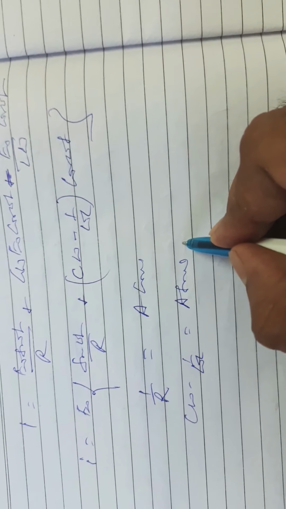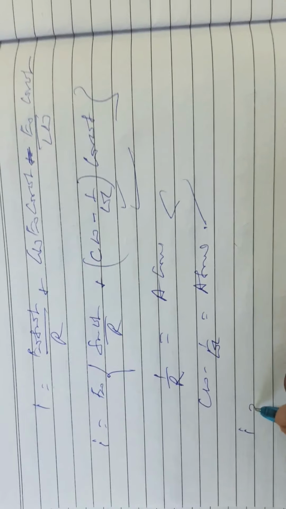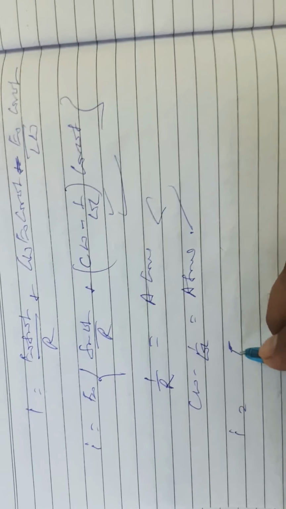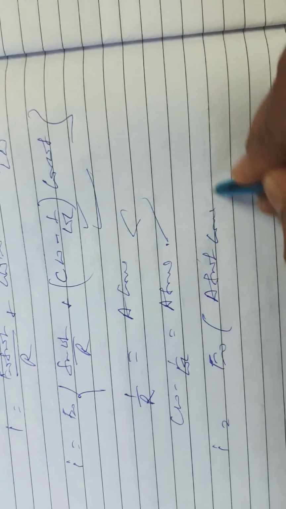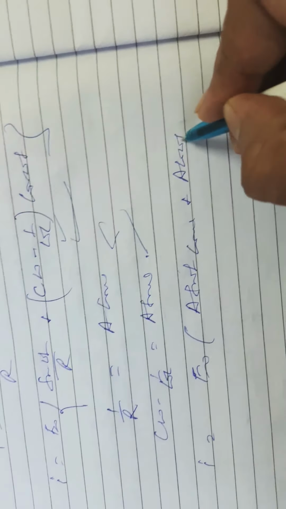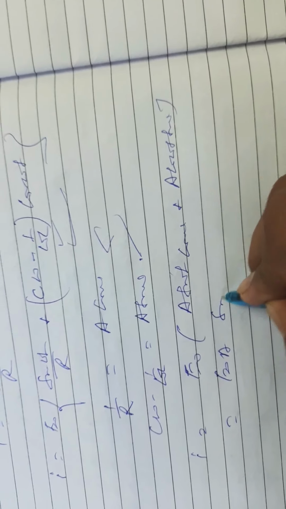Substituting in this equation, we get I is equal to E naught A sin omega t cos theta plus A cos omega t sin theta, so we have E naught into A sin of omega t plus theta.